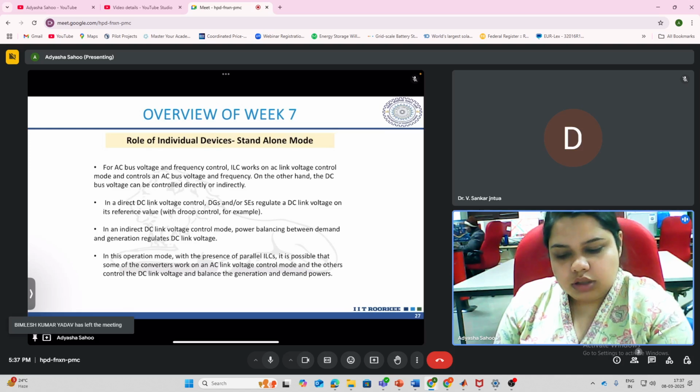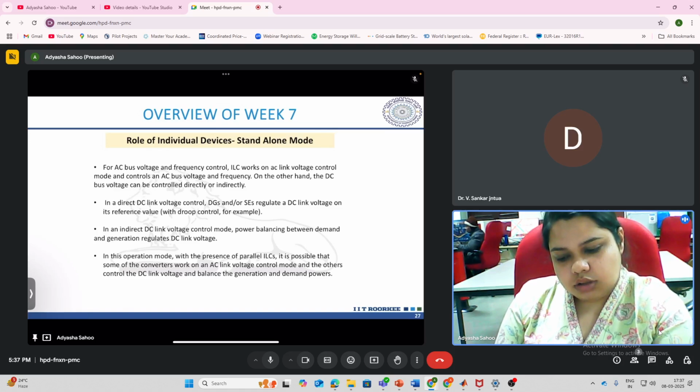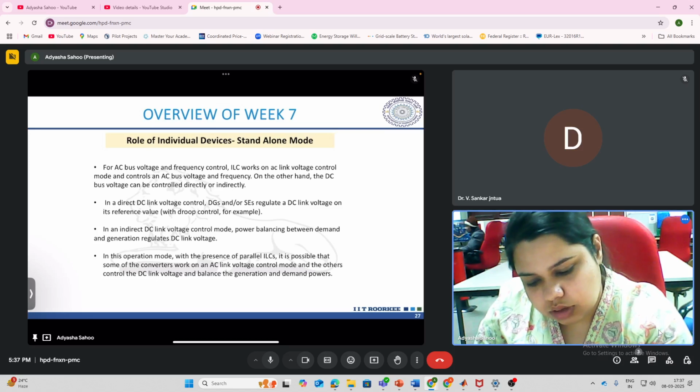Now, coming to the standalone mode. In the standalone mode, the interlinking converter, your ILC, is in voltage regulation or voltage control mode of the AC side.